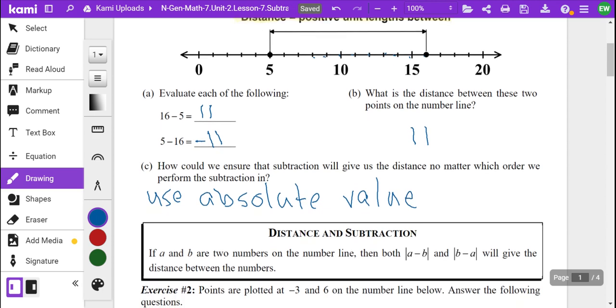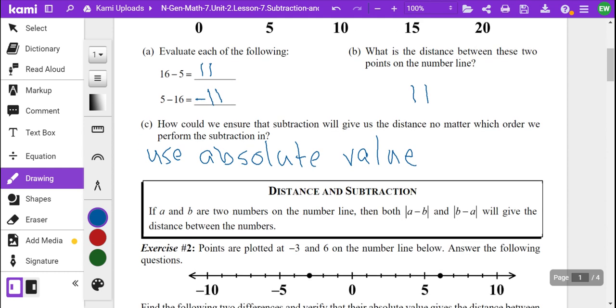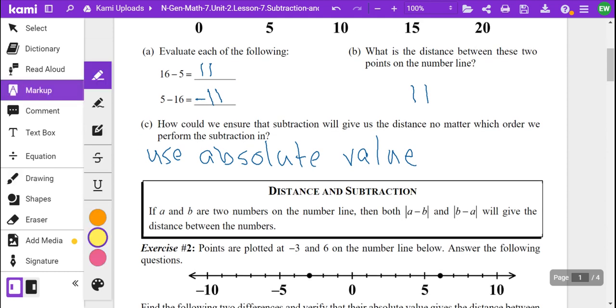Absolute value tells us the distance away from 0. And since distance is always positive, absolute value is positive. So here is our rule generalized right here. Distance and subtraction. If a and b are two numbers on the number line, then both the absolute value of a minus b and the absolute value of b minus a will give the distance between the numbers.